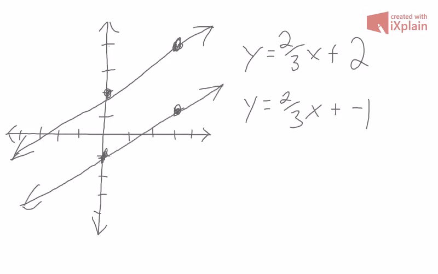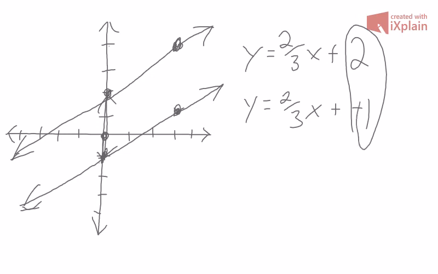The concept is that because they change the same amount every time you extend it, every time you plot another point on these lines, they will be the exact same distance from one another for that same input. At the input of x equals 0, you can see that they are exactly 3 units apart because their y-intercepts are 3 units apart.